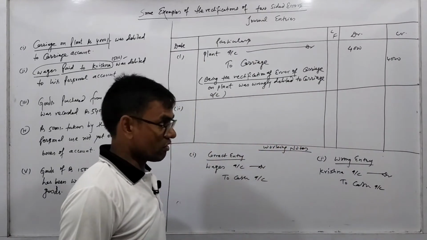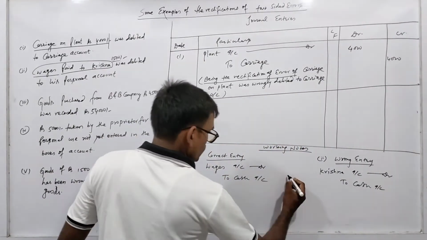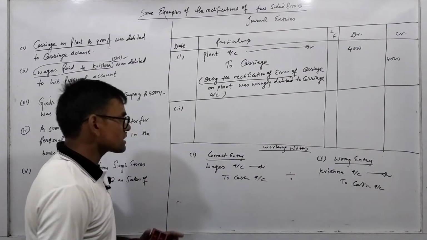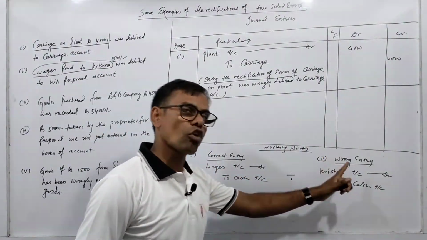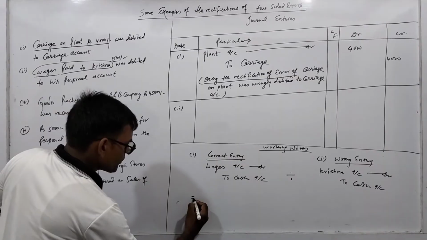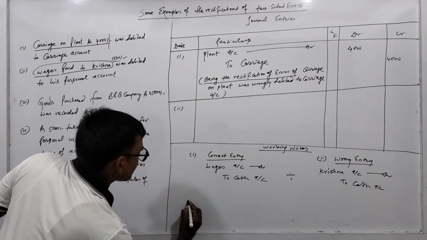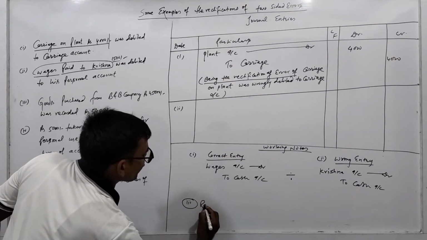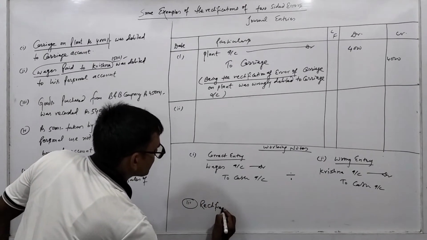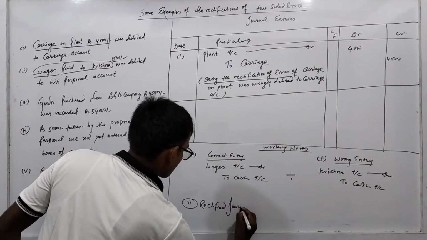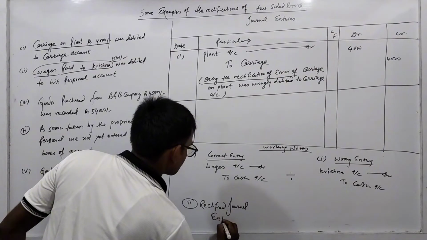Okay, it is his mistake. And what is the process? Correct entry divided by wrong entry. And if you divide it, in the third stage you will get the rectified journal entries.